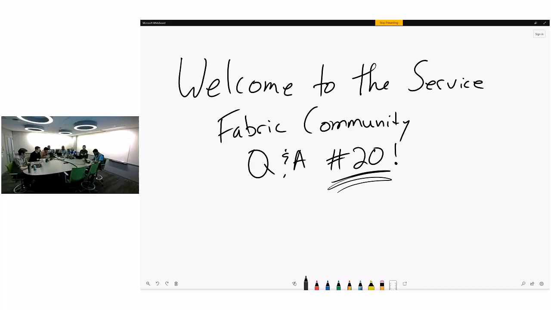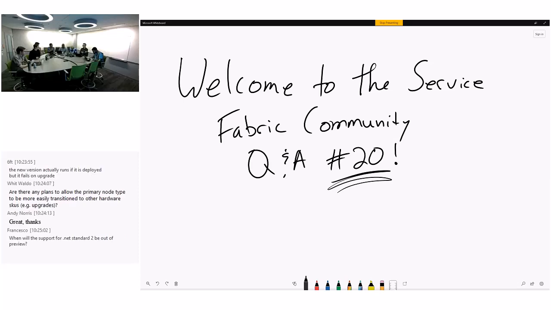Okay, for a large cluster, 50 nodes and a 5-node primary node type, any recommendations on the instance size for the primary node type? So I mean, this is a very nebulous question. But anyway, if we were setting this up, we would do a D4.